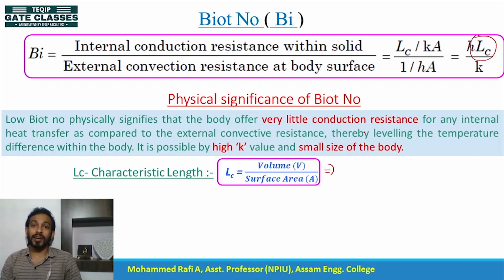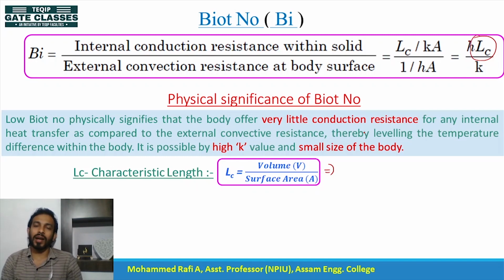In the Reynolds number, what was the expression? Rho v d by mu, right? That d comes out as a characteristic dimension. Suppose you are talking about a rectangular channel, then it will not have a particular diameter, right? It will vary across the cross section. So how will you define the diameter there?